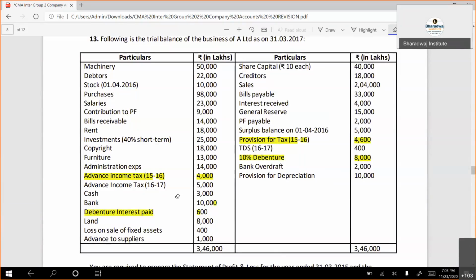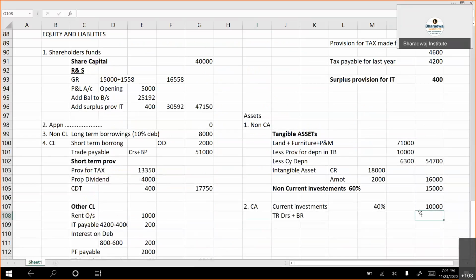Then where is the bills receivable? 14,000. 22,000 plus 14,000, how much is it? 36,000. Then inventory, nothing but closing stock. What is the closing stock value? 10,000, right? Inventory is 10,000.